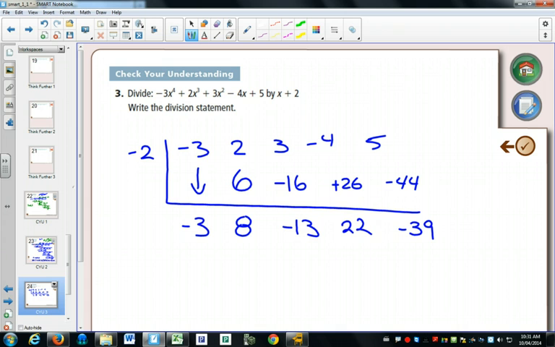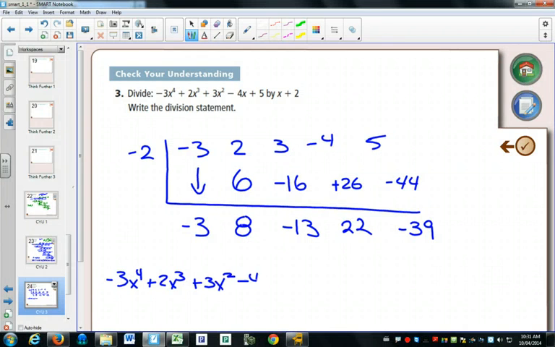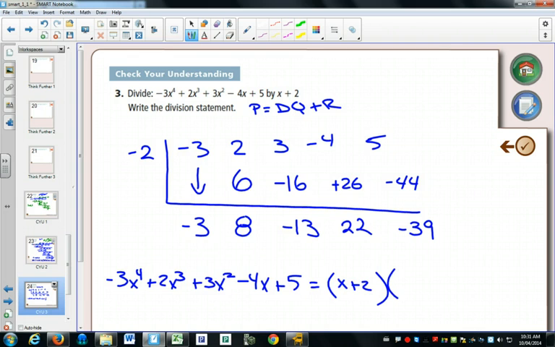And now we can write our division statement. Our original polynomial was negative 3x to the 4 plus 2x cubed plus 3x squared minus 4x plus 5 equals our divisor times the quotient plus the remainder. Our divisor was x plus 2. Now when we go to write the answer, a couple ways you can think of it.